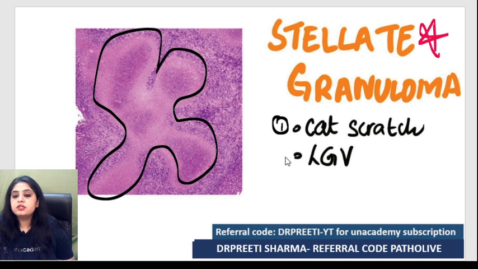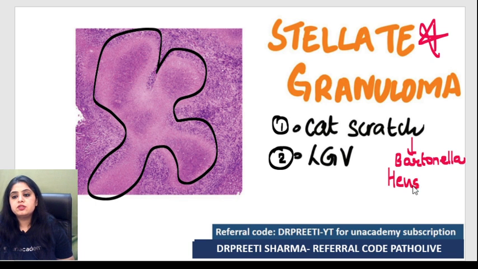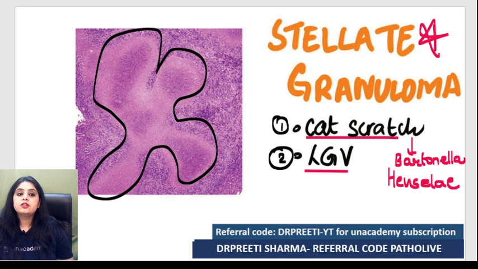We see it in two conditions: cat scratch disease and lymphogranuloma venereum. I think everyone remembers the organism which causes cat scratch disease is Bartonella henselae. A little bit of microbiology should always be revised here and there. So cat scratch disease caused by Bartonella henselae, and lymphogranuloma venereum, both of them can show me the stellate granuloma.